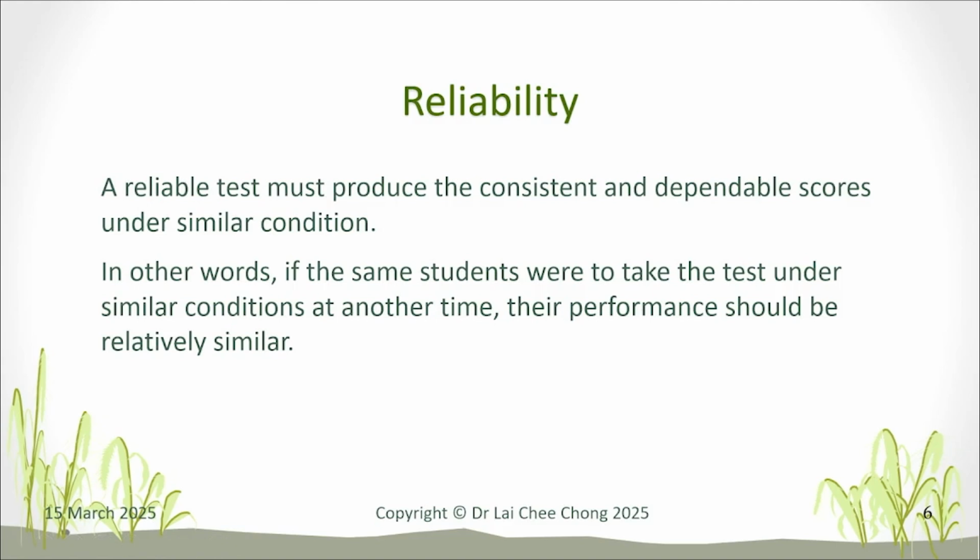Now, not only must the test be valid, the test must also be reliable. So we try to measure or evaluate reliability. What does that mean? A test is reliable, it means what? It must produce consistent and dependable scores under similar conditions.